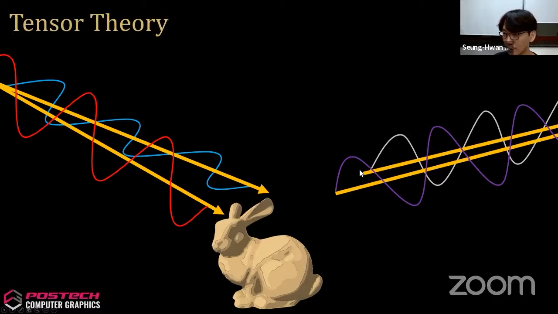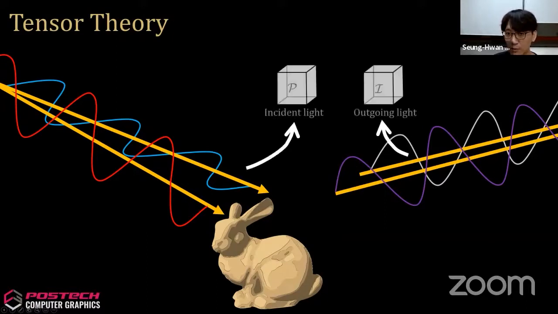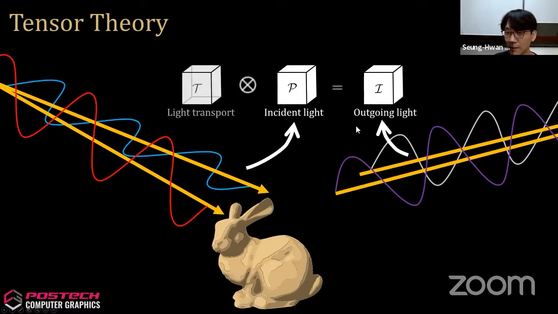First of all, there was no theory or mathematical formulation about this high-dimensional light transport. So we proposed a tensor theory, which models the incident light with different directions, different polarization states, and different times with a single tensor P. And similarly, we model the outgoing light as a different tensor I. And they are related here through a light transport tensor T based on tensor formulation.